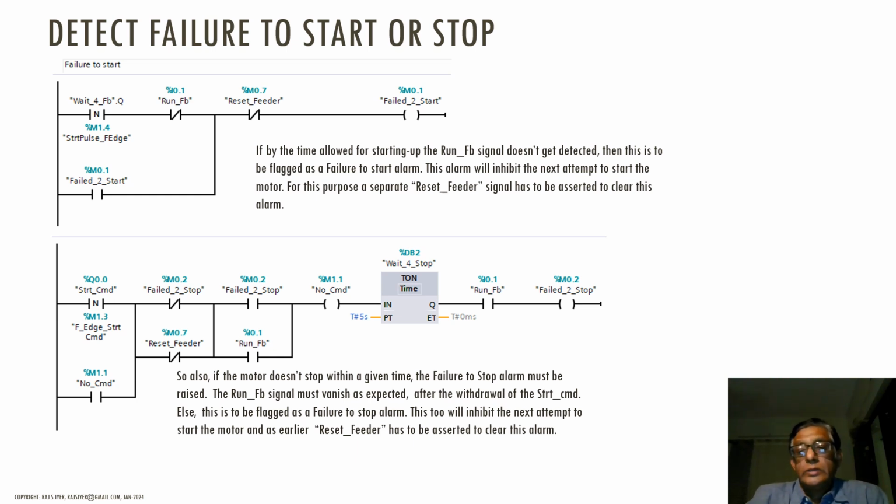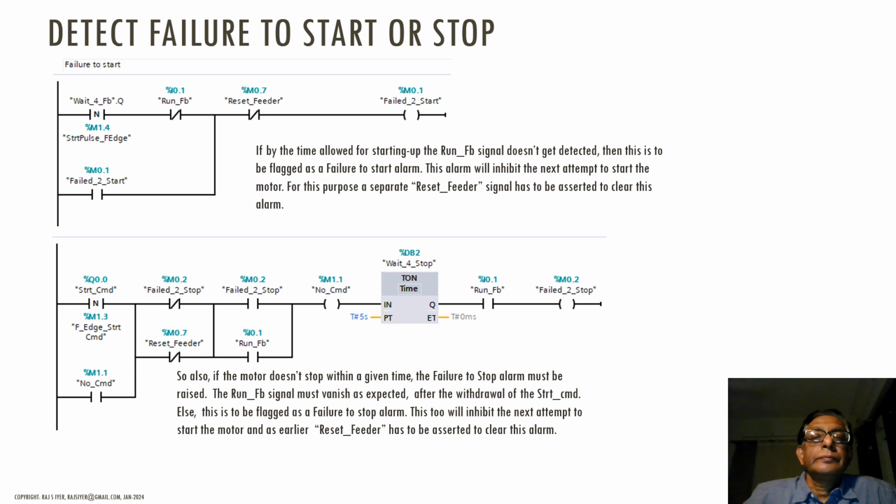Now this is the first rung. You see failure to start. We take the falling edge of the timer's output. That is, the pulse timer has got an output, that is wait for fb.q, which is another way of saying that the waiting period has elapsed. If by the time it doesn't detect the run feedback and the reset feeder is not asserted, then the fail to start signal will be latched.